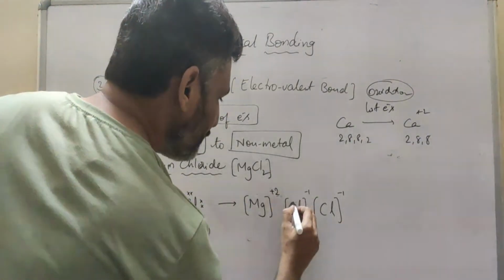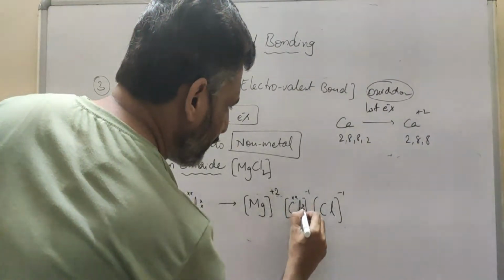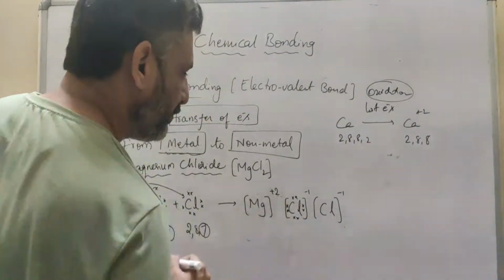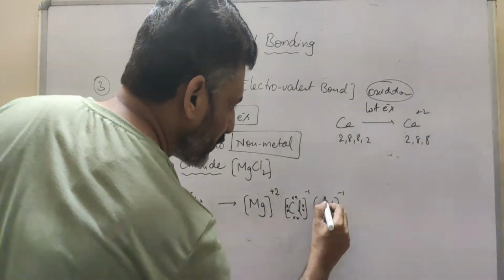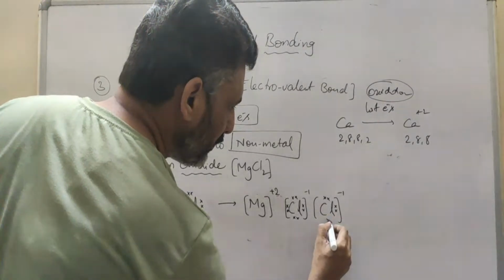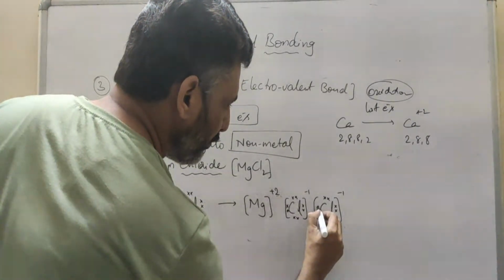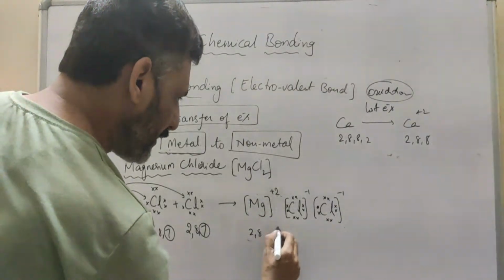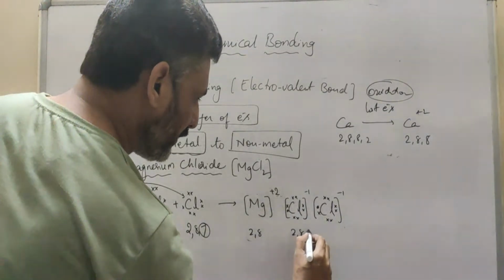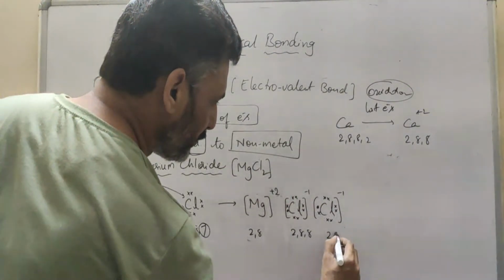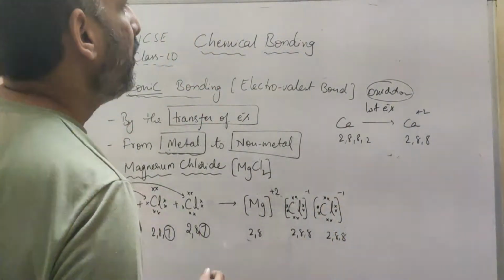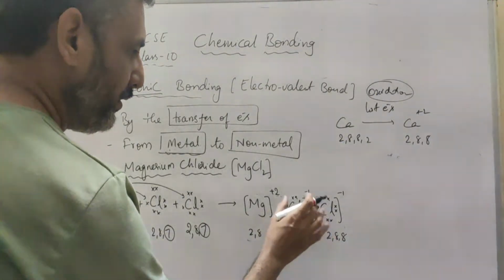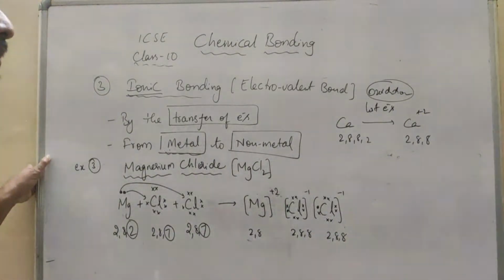So here chlorine already has 7 valence electrons, 1 from magnesium. Similarly here also chlorine has 7 valence electrons and 1 from magnesium. So now after transfer, magnesium has become 2 comma 8, chlorine 2, 8, 8, and this chlorine also 2, 8, 8. So this is how magnesium chloride is formed, 1 magnesium and 2 chloride ions.